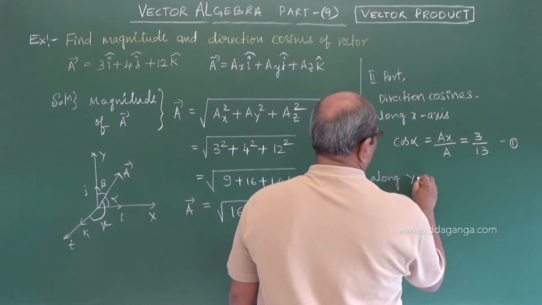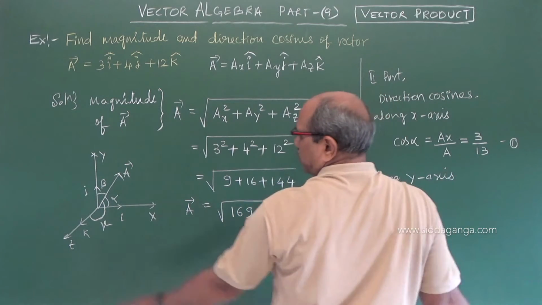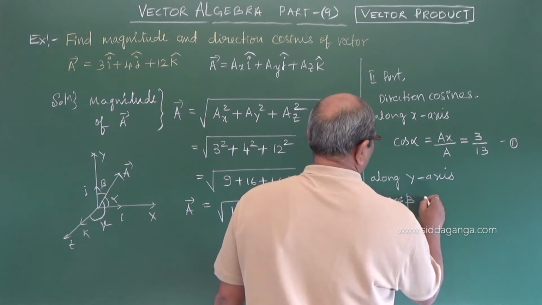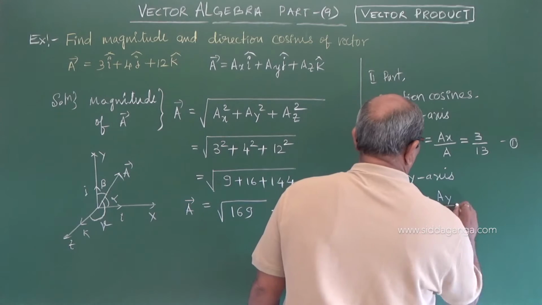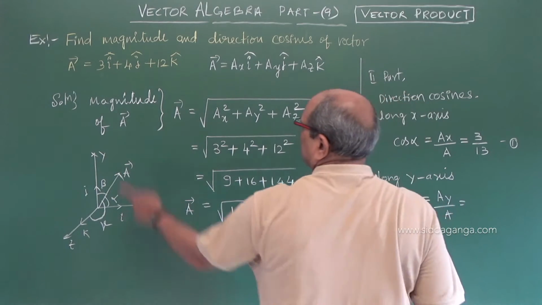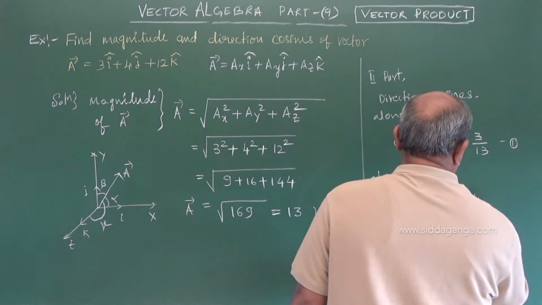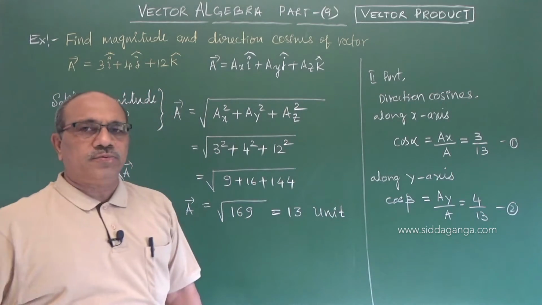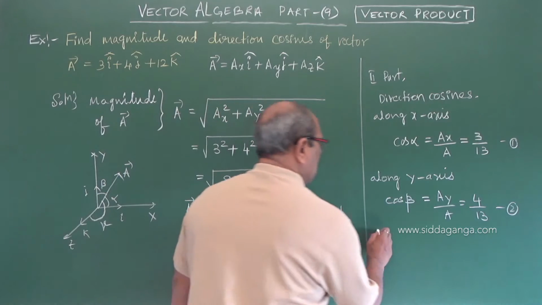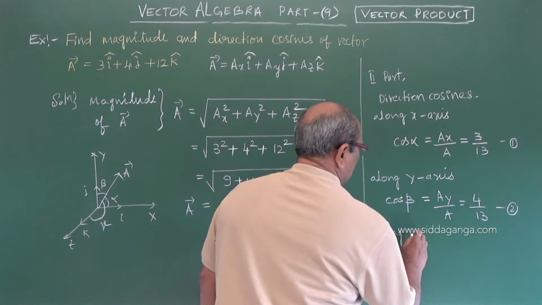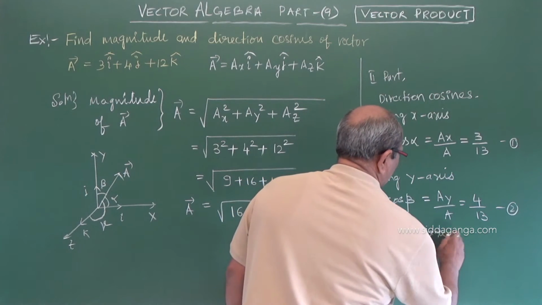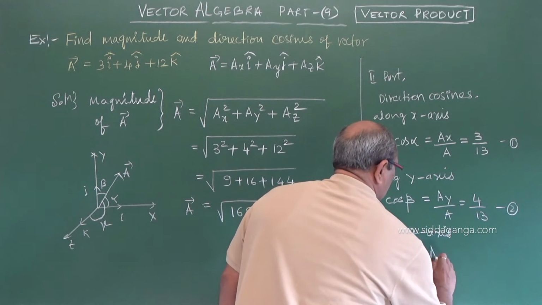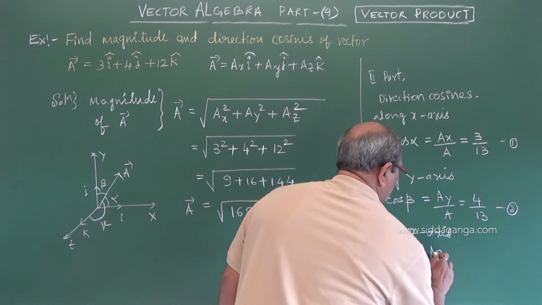Similarly along the y axis, making angle beta, the direction cosine for that is cos beta as ay by a. Ay is 4, so it is 4 by 13. And similarly along the z axis, cos gamma is az by a.